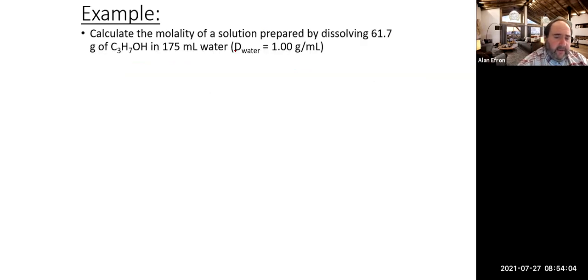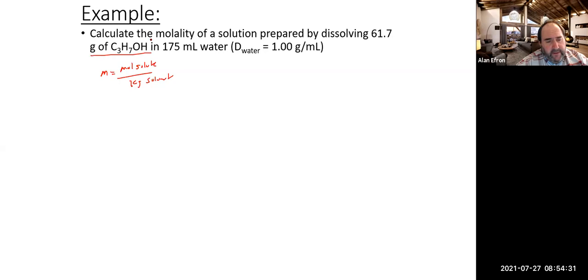And again, to do molality in problems such as this, we want to calculate the molality of a solution prepared by dissolving 61.7 grams of C3H7OH. We would need the moles of the solute over kilograms of the solvent.